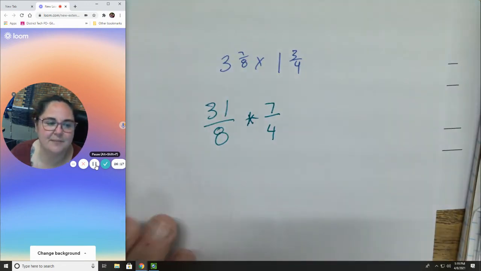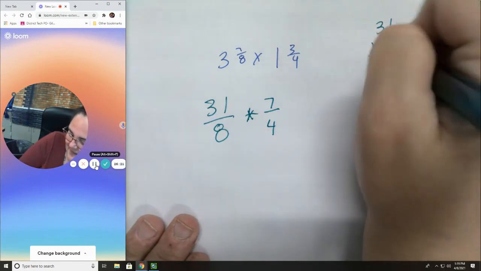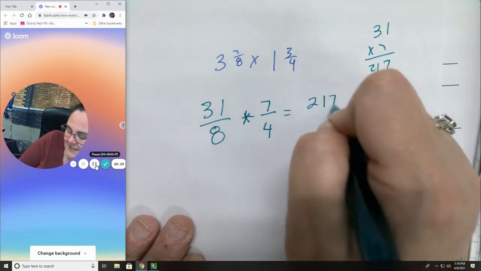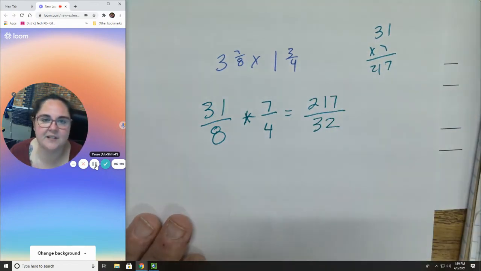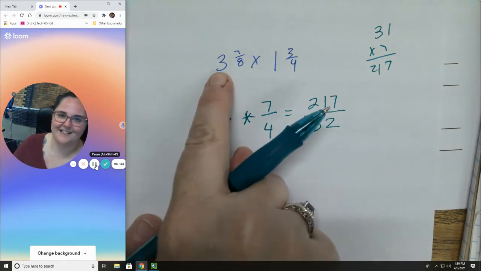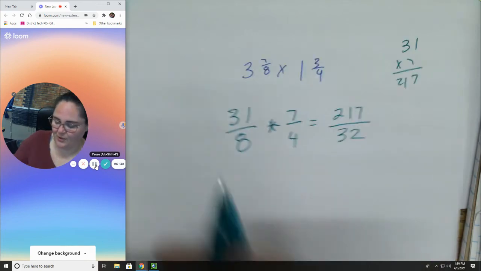Now let's multiply. 31 times 7. 7, 21, 217/32. And you're like, wait, Miss Gilman, that's wrong. It's not. Because remember, we use that 3 still in here, okay? Now let's do our division.